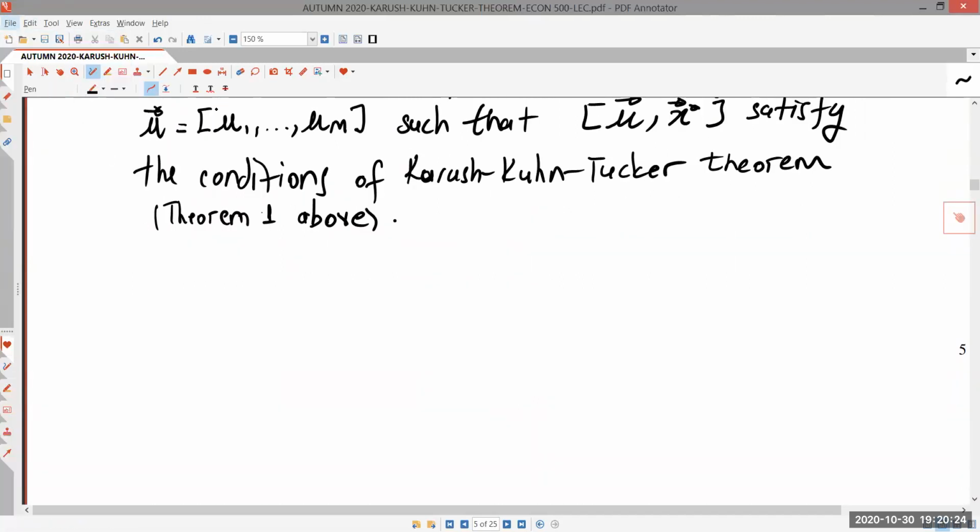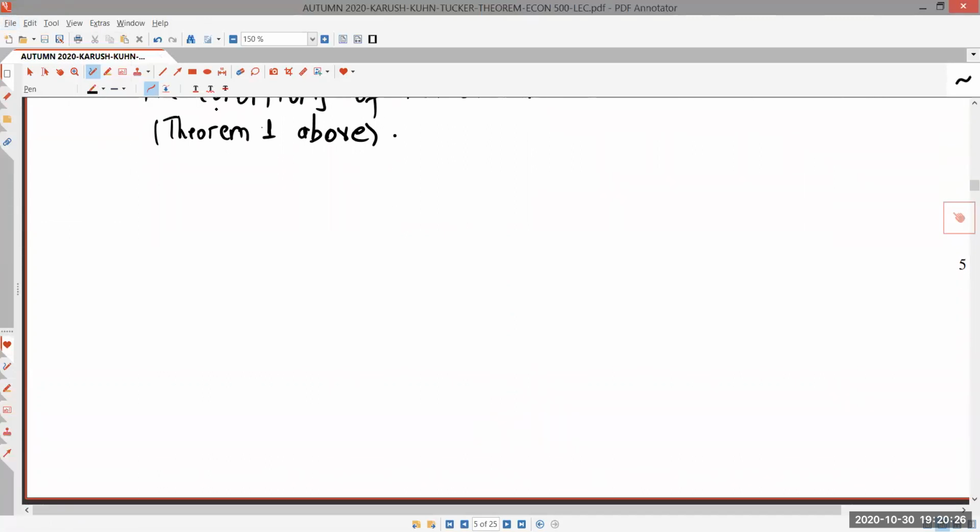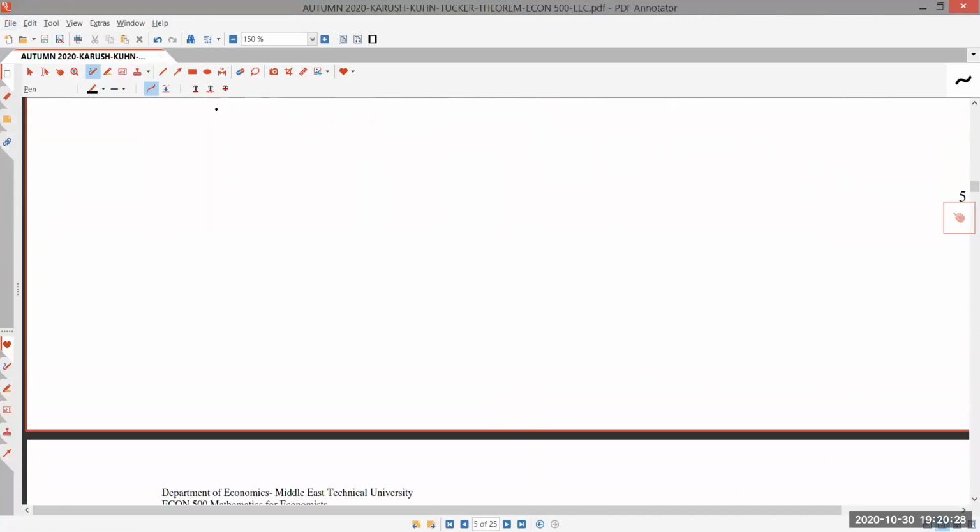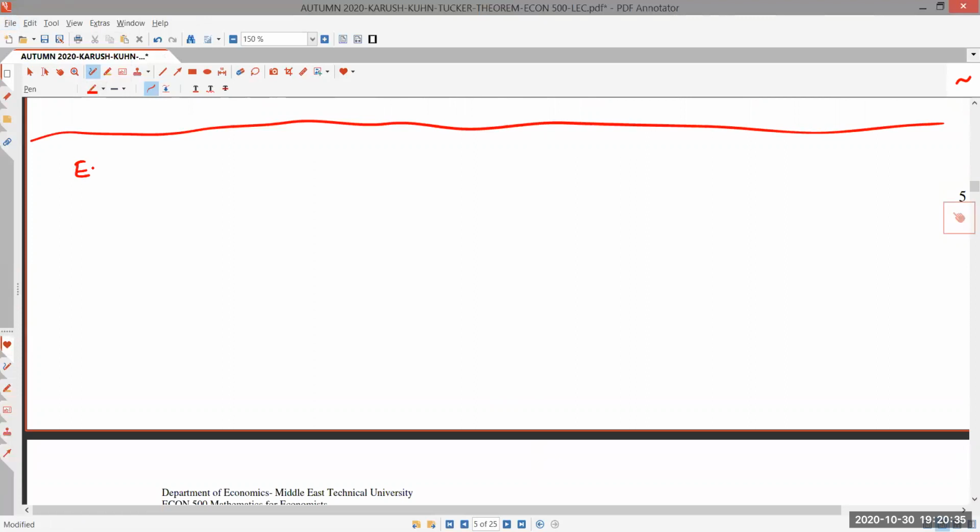Now we will look at some examples where we apply these techniques, and let us start with example 1. We have two variables.